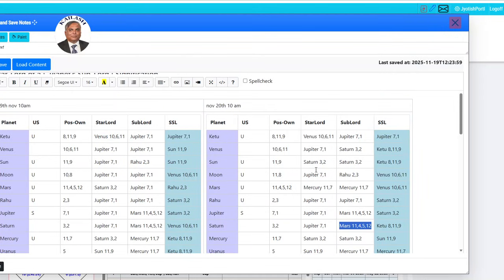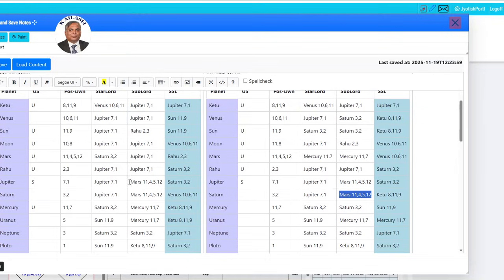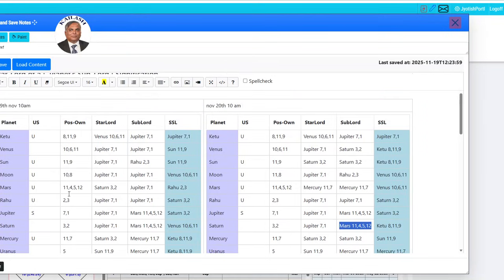But let's first look at what happens when the sublord is added. For the 19th, the sublord for Jupiter is Mars, and for the 20th it's Mars. It hasn't changed, and the reason is that Jupiter is retrograde.